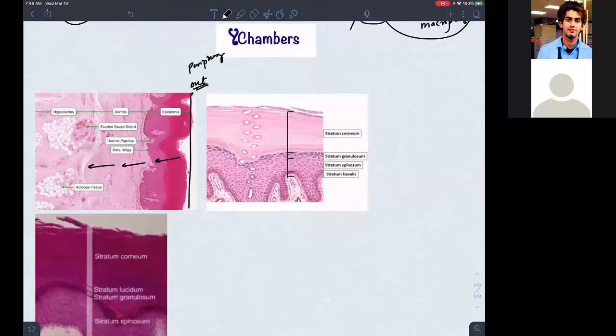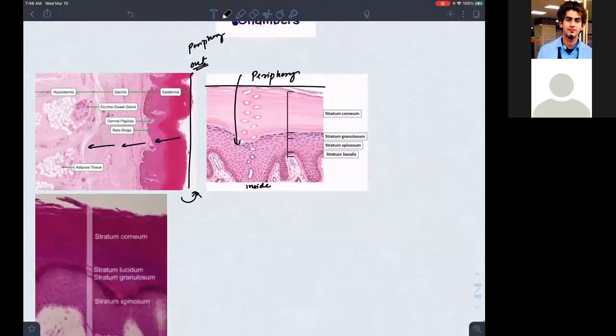If I tilt this, you can see it's the same periphery. First we need orientation, isn't it? So periphery, and this is the inside. We're going downwards towards the layers, and this is the same diagram.